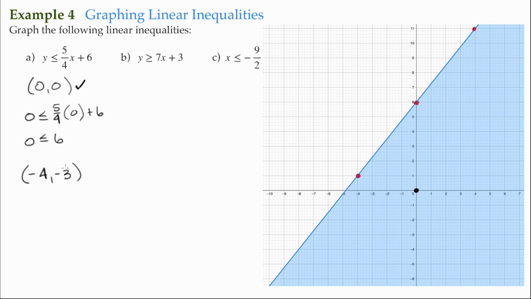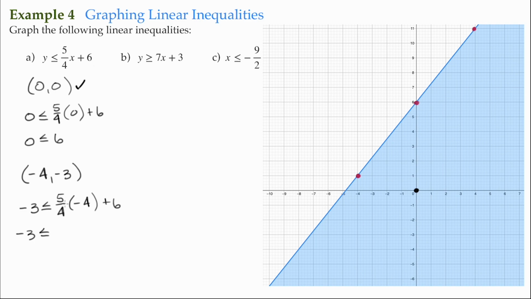So here is our x and a y. I'm going to just substitute them into the x and the y in the inequality here. That's -3 less than or equal to 5/4 times x, which is -4, plus 6. So -3 is less than or equal to 5/4 times -4.